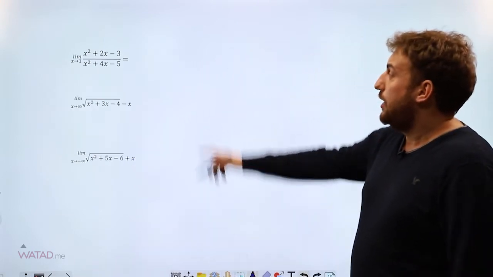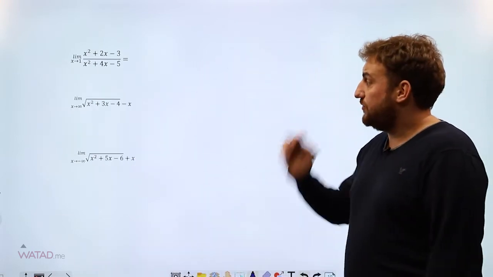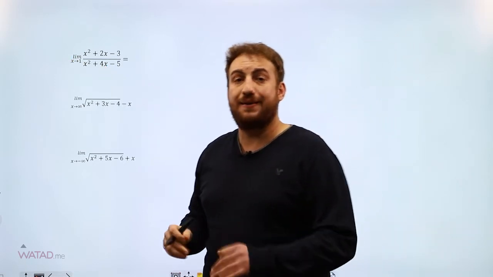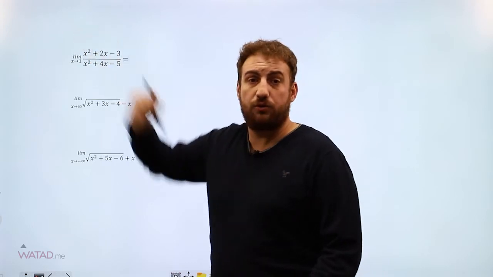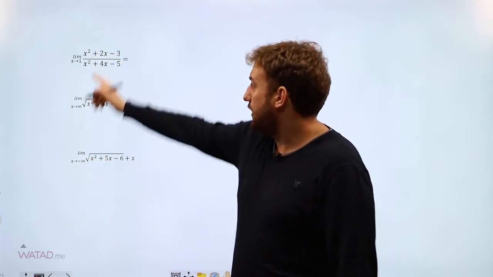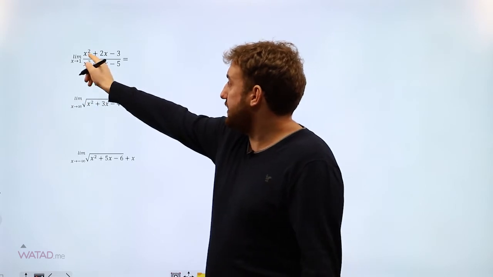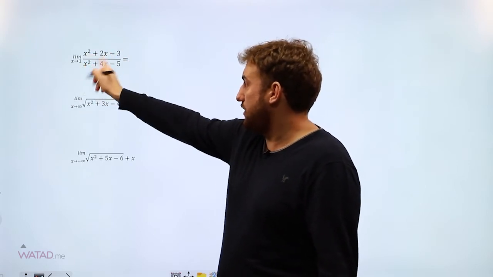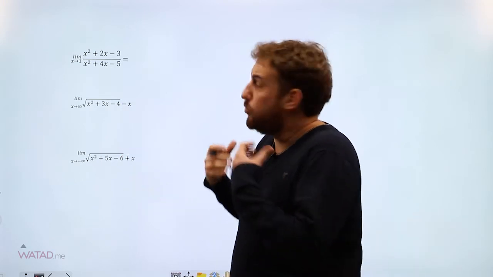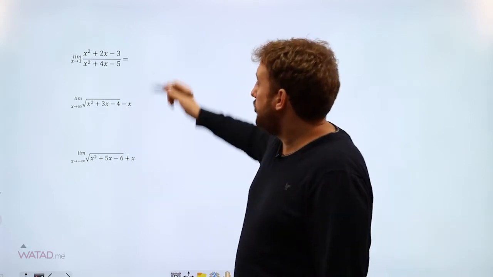Now, if you have a rational function, but the limit is not infinity, so you are not allowed to factor out the highest degree. Here, if you replace, you will see that this is 1 plus 2 minus 3, 0 over 0. So this is an IF. So to remove this indeterminate form, you need to factor.